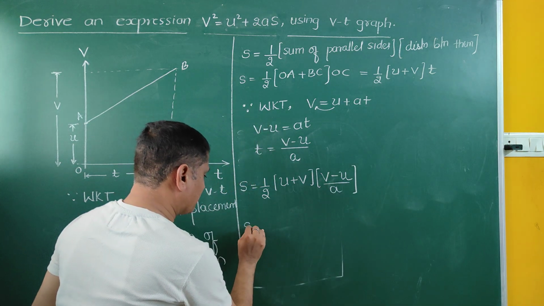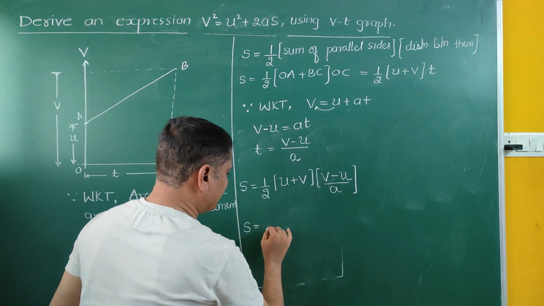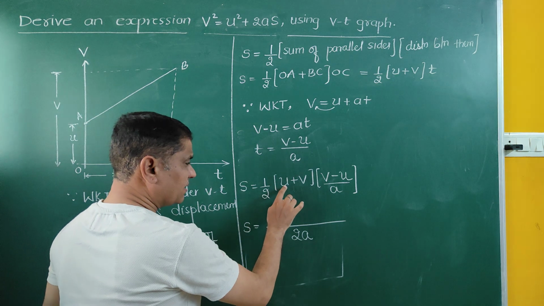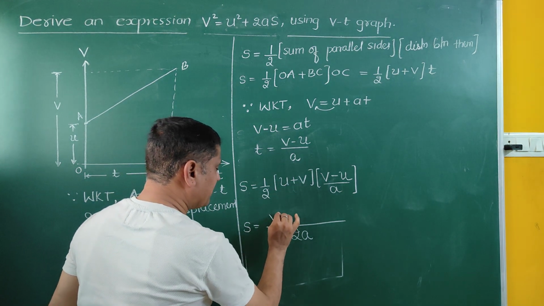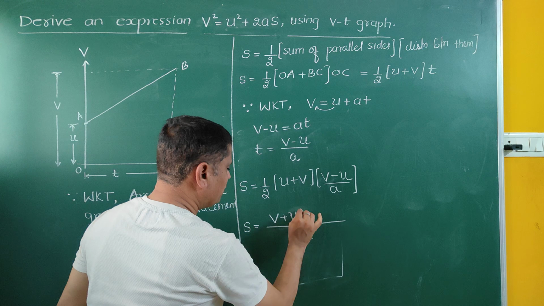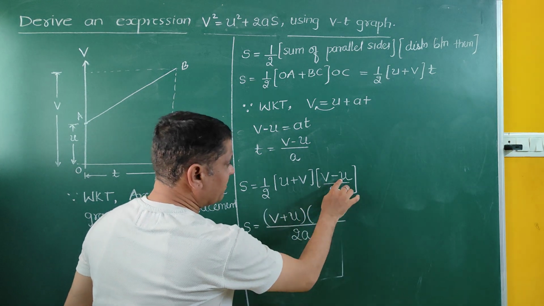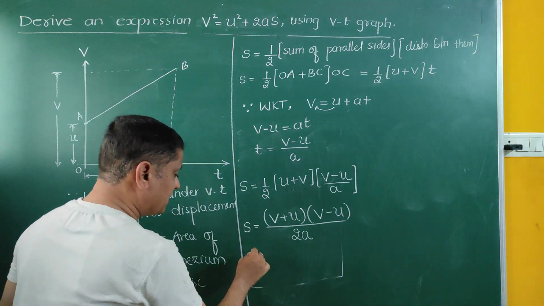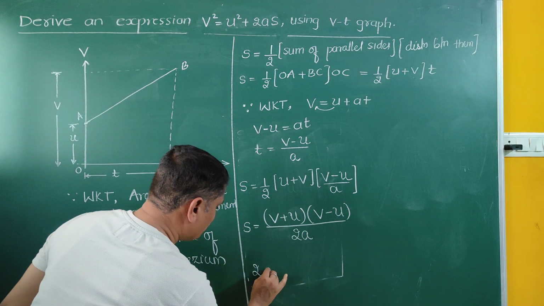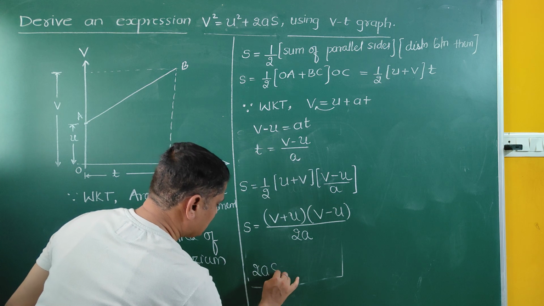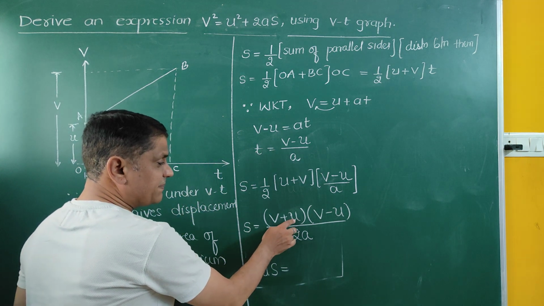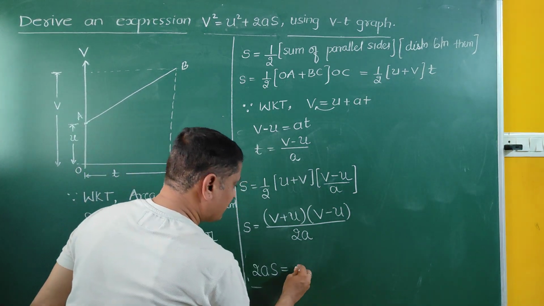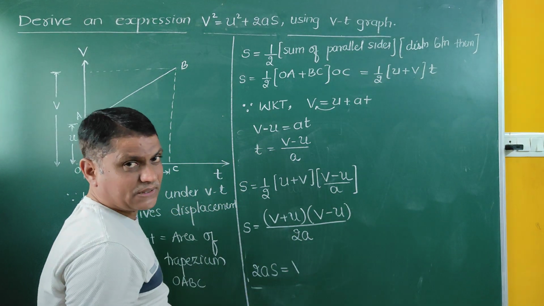Next, S is equal to the denominator 2 and A, I'll write it as it is, 2A. This U plus V can also be written as V plus U, no change. Here V minus U as it is. Then send this 2A to this side. Then 2A into S is equal to, it is like A plus B into A minus B, which is nothing but A square minus B square.